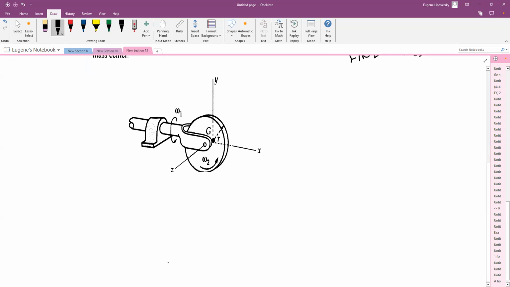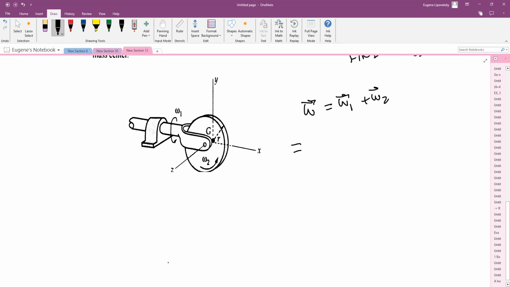Well, we need to be able to write down that in this case, the omega vector consists of the following. It will be omega 1 plus omega 2.